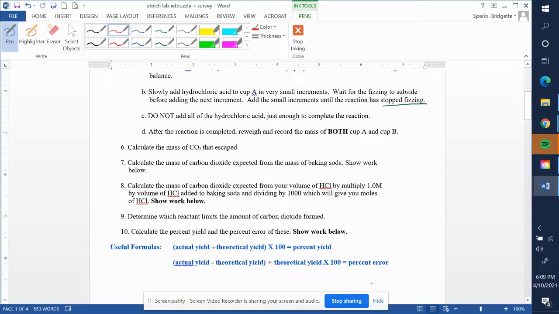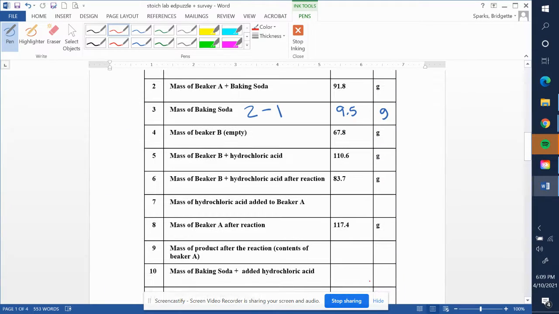And so we go back to our data, and we have the mass of beaker B with the hydrochloric acid that was never added to beaker A, and we're going to compare that to the amount of hydrochloric acid we had originally.